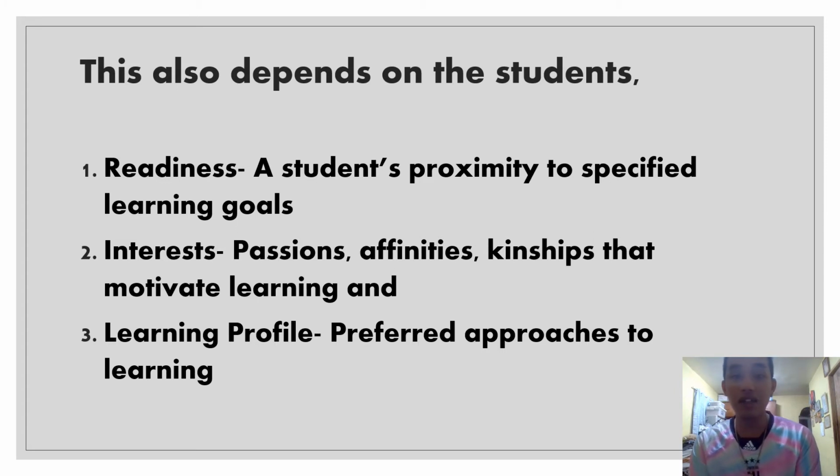Second is the interest, or the passions, affinities, and kinships that motivate learning, and the learning profile, or the preferred approaches to learning. So in order for us to deliver differentiated instruction, the student should always be ready to accept, learn, or adapt all the teachings that we are going to teach.